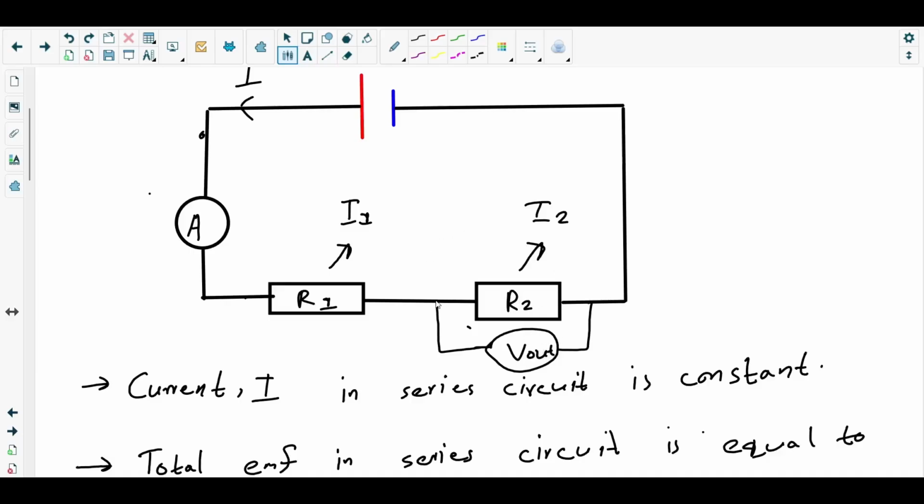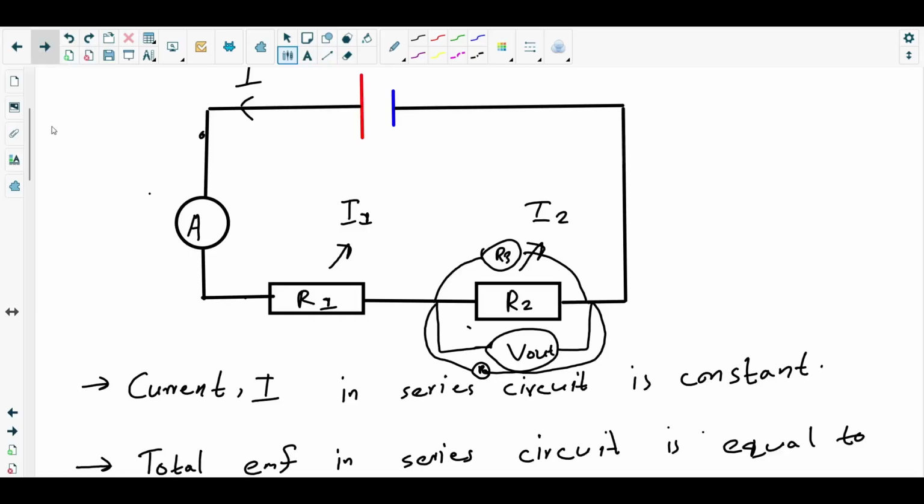Whatever resistor you connect across R2, let's say we put R3, another resistor R4, as many resistors as you put there, all the resistors will have the same V out, right?